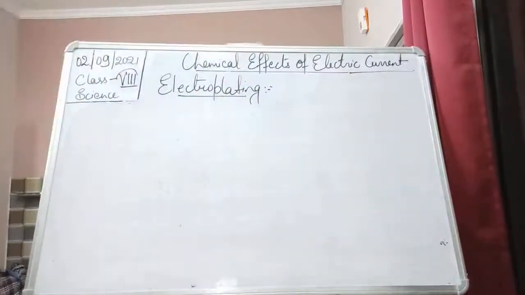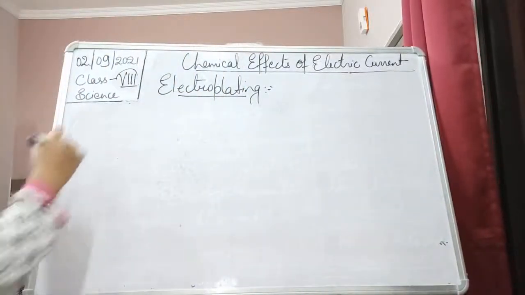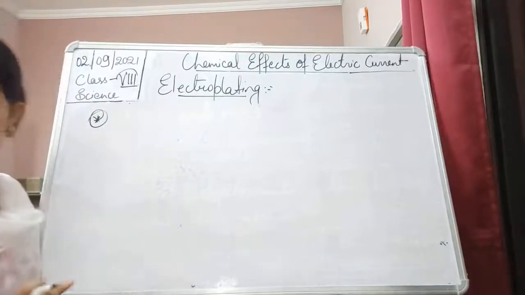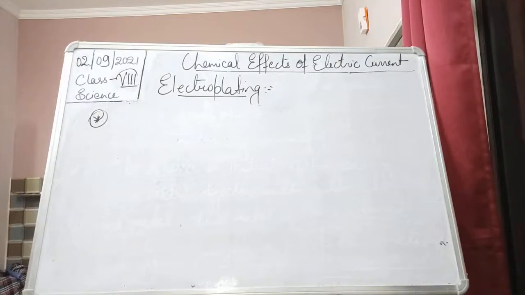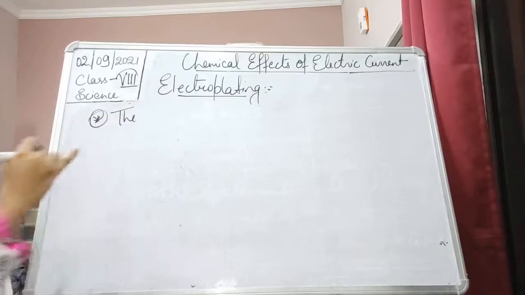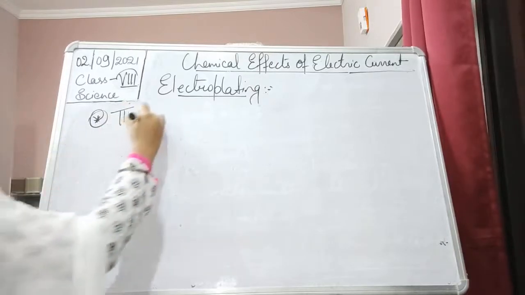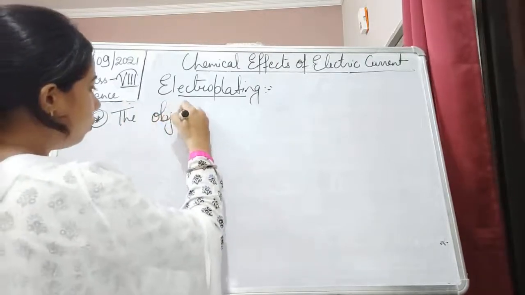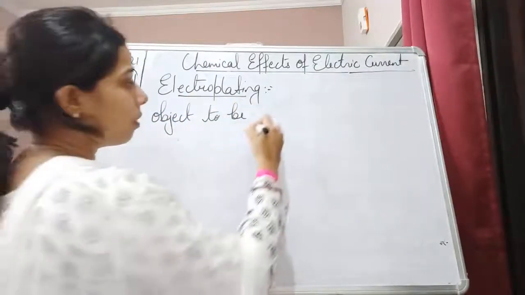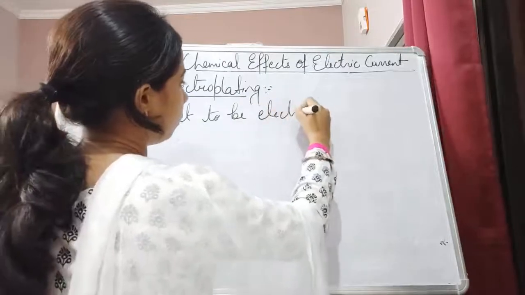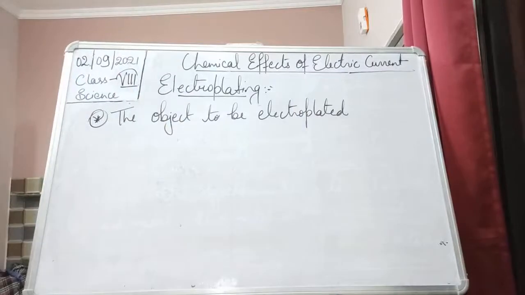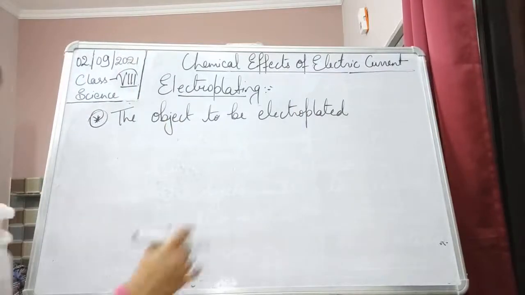During the process of electroplating, the first thing is that the object which is to be electroplated is made the cathode.